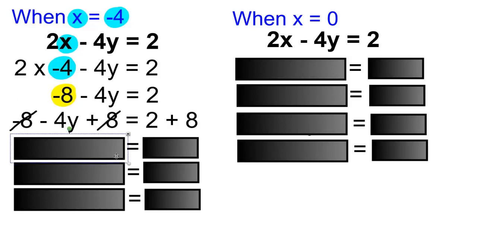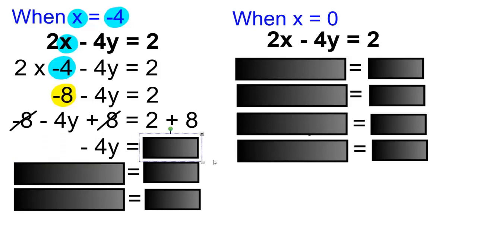This leaves us with negative 4y, which equals 10. To remove the negative 4 multiplied by y, we have to divide the left-hand side by negative 4. And that means we have to divide the right-hand side by negative 4 as well.